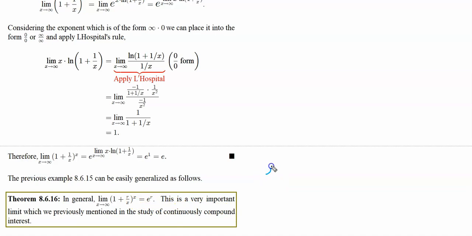So for example, if you looked at the limit as x approaches infinity of 1 plus 2 over x to the x power, you'll see that that is equal to e squared. So this limit is going to equal e to that value.